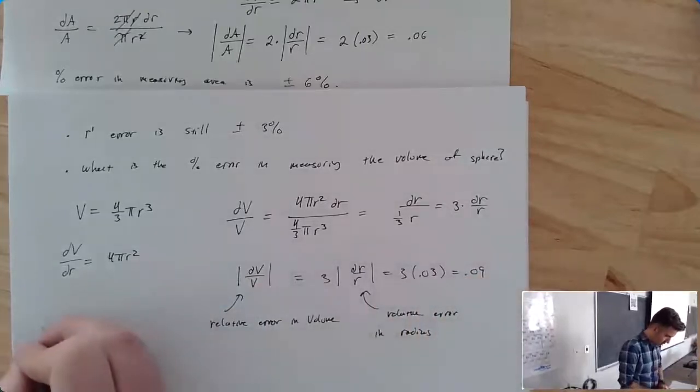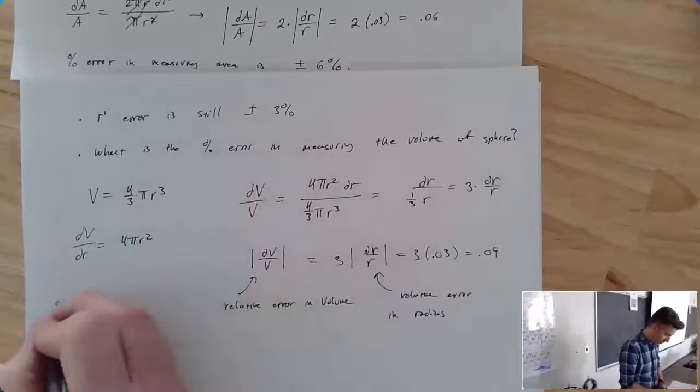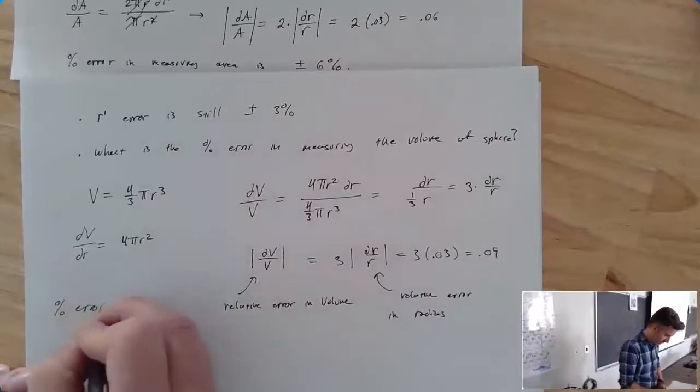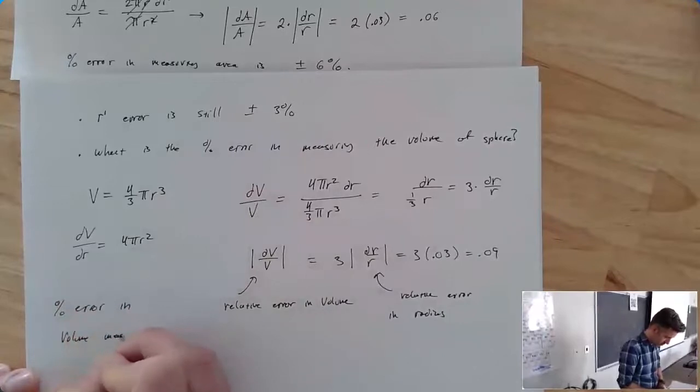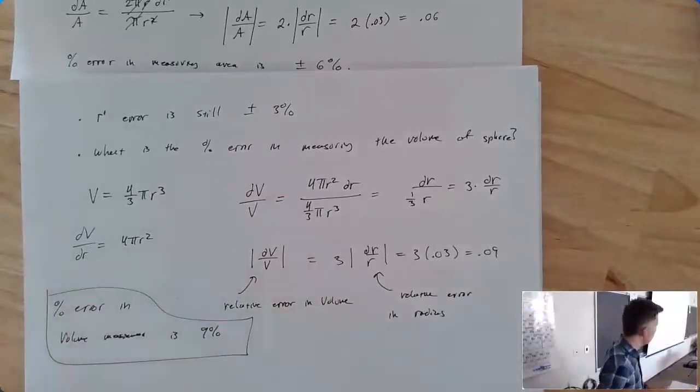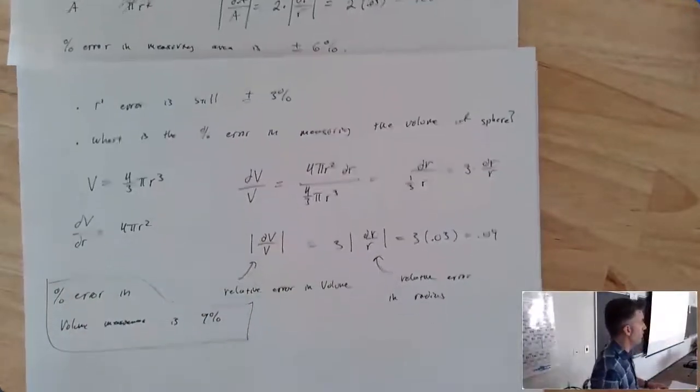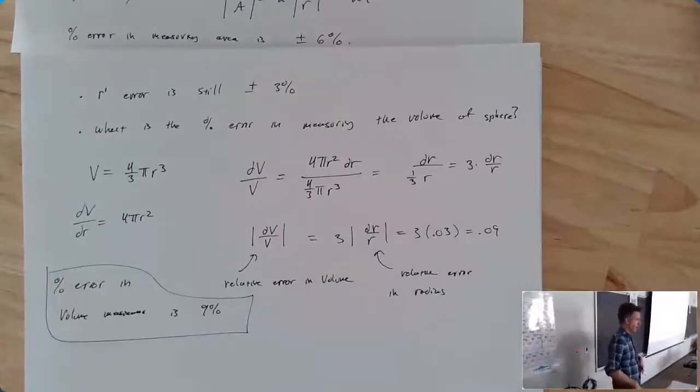So the relative, or percentage, error in volume measurement is exactly 9%. Which I think is super neat. If someone ever asked you, I measured this length with up to this amount of error, what's the error in the volume, you just triple that error.